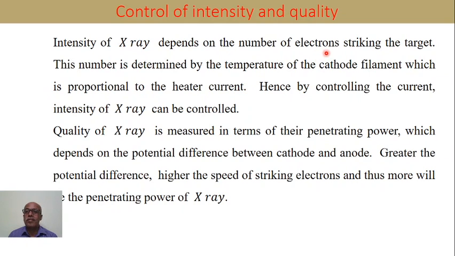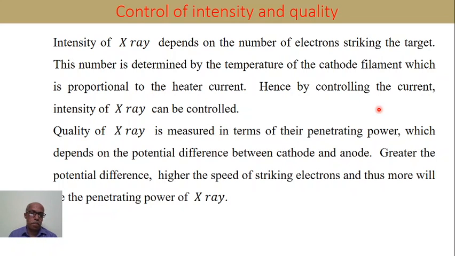Hence, by controlling the current, the intensity of X-rays can be controlled. Larger the current, larger will be the temperature, and thereby more electrons will be released from the filament.